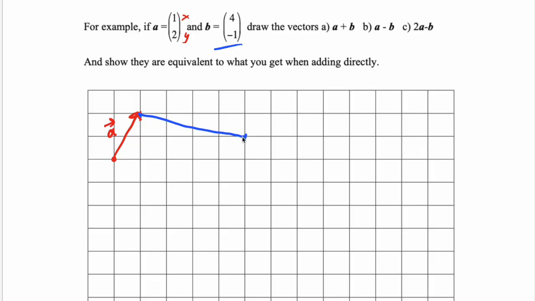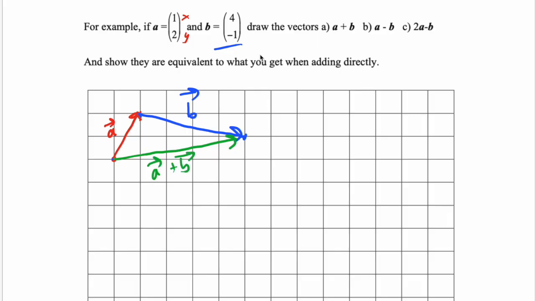Okay. So, for example, if this was motion or something, if you go this way and you go this way, you've really gone total of this. Okay. This represents A plus B. All right.